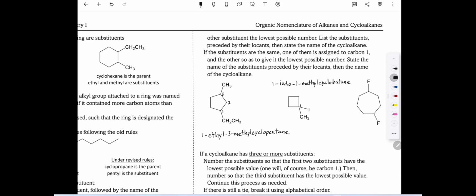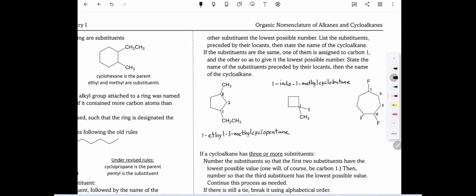In this last example, I have the same substituent occurring on the ring. So there's 2 fluoros. I'm going to number in such a way as to give me the lowest possible number. So I'll make this number 1, 2, 3, 4. And it should be clear if you'd numbered the other way, you would have gotten 1, 4 as well.